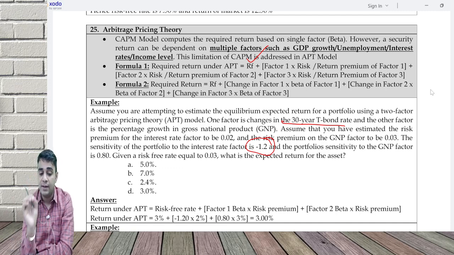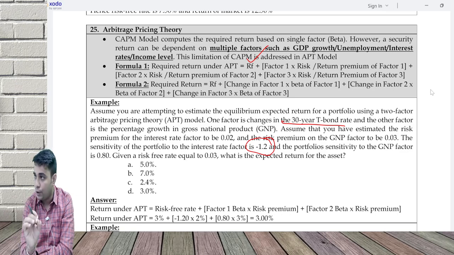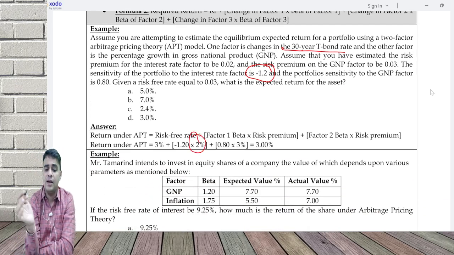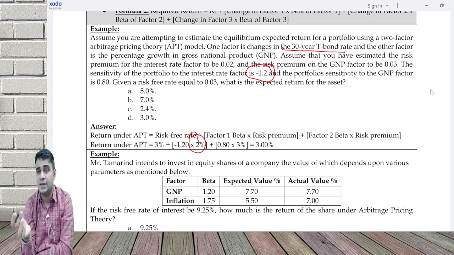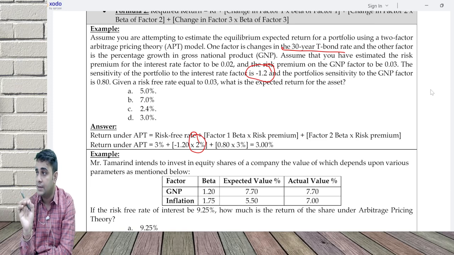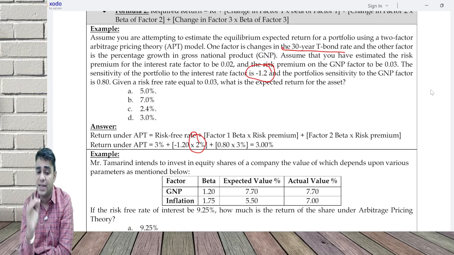So what is my return? Risk free plus factor 1 beta minus 1.2 into its percentage, factor 2 beta into its percentage, and ultimately I need 3% return. This is what he said. He is saying, the APT model is saying, consider every factor at a time and attach a risk premium.